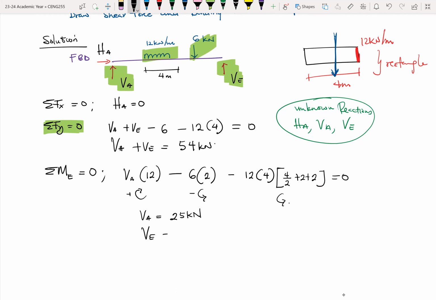Again, here VE will be equal to 29 kilonewtons. So now we know HA, we know VA, we know VE. So we have all our external reactions.